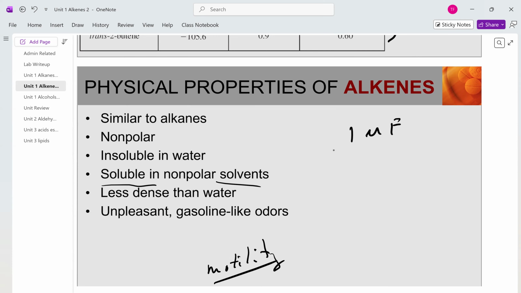The motility of a molecule in our body has to do with its polarity. For example, you give an injection. If what you inject into the muscle or underneath the skin is polar, it can be picked up by the lymphatic system or the blood system and carried away. If it's nonpolar, it's going to sit there for a long time.